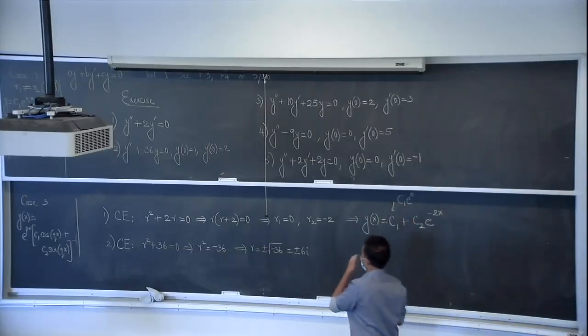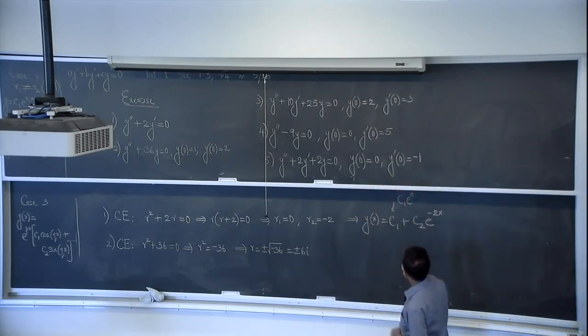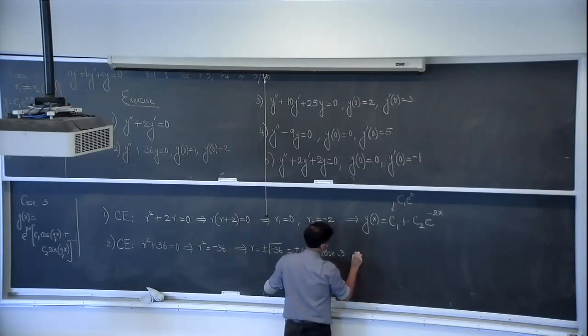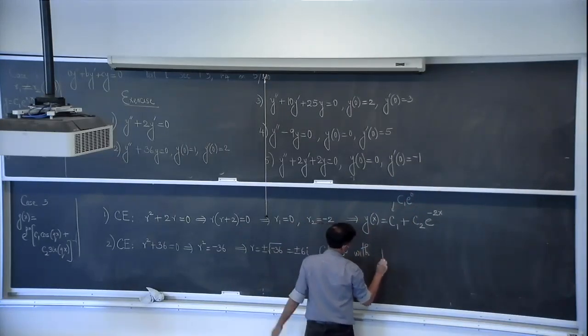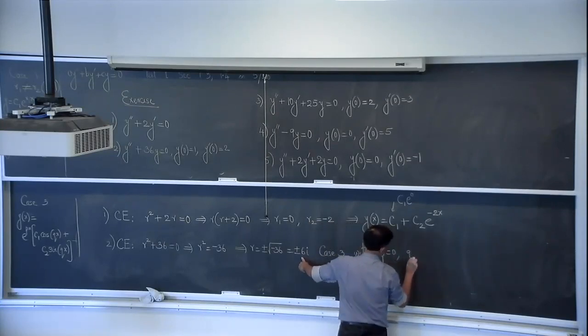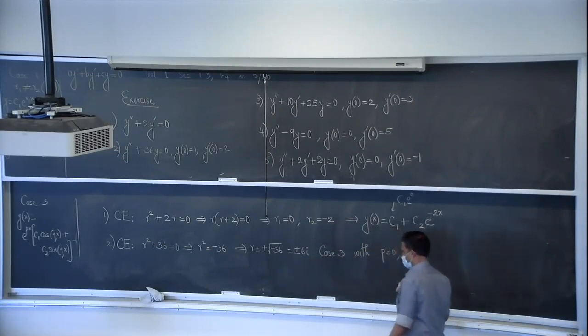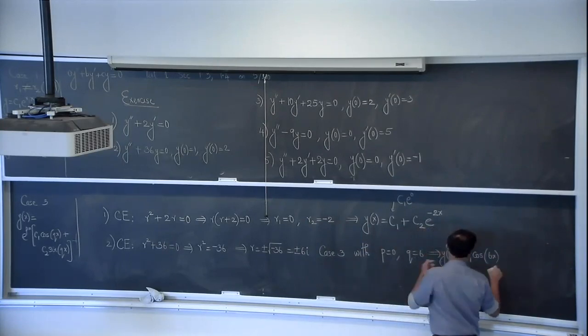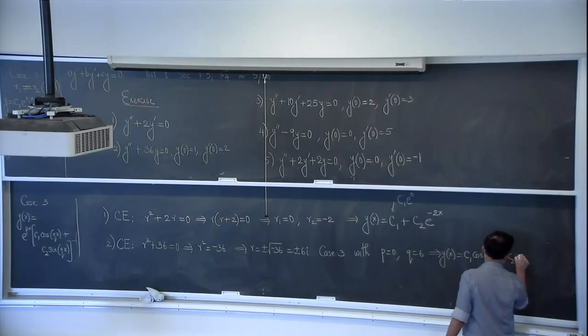I don't know, I just wrote those things, so if anything comes out to be weird, just let me know. So this is case 3 with p equal to 0 and q equal to 6. Simple harmonic motion, so it's going to be y of x equal to c1 cosine of 6x plus c2 sine of 6x.